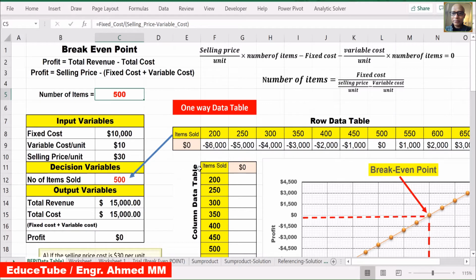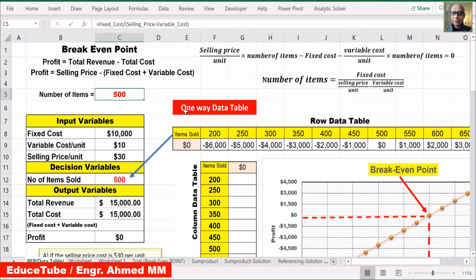Now sensitivity analysis: we analyze how changing input variable value affects output variable value. This is the most important point to understand.